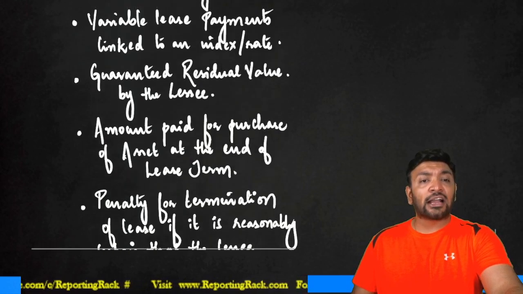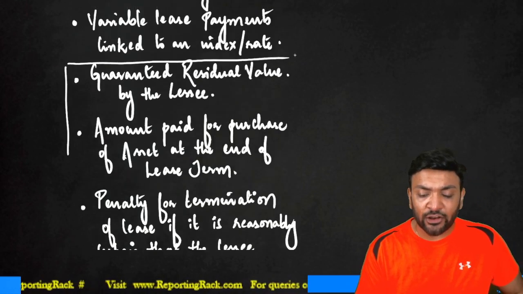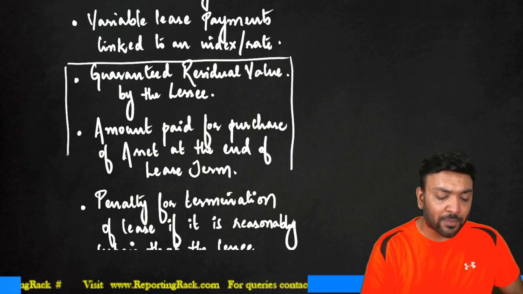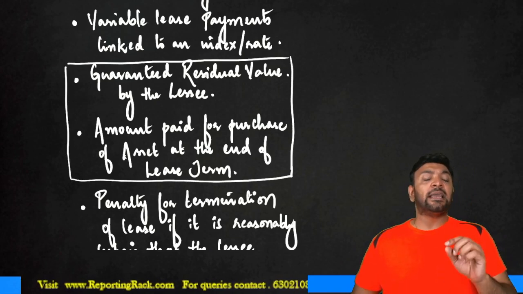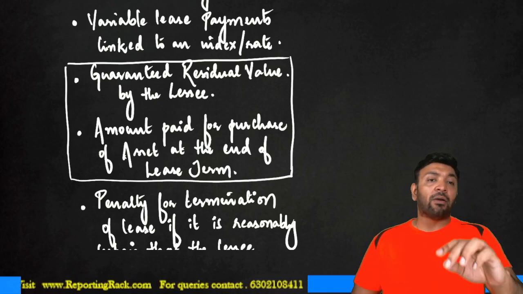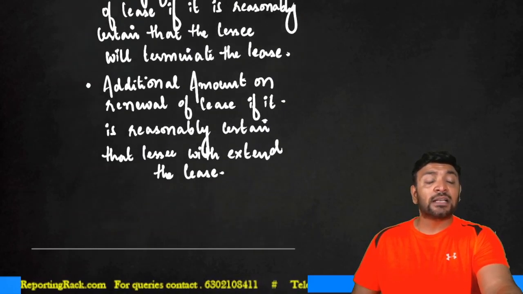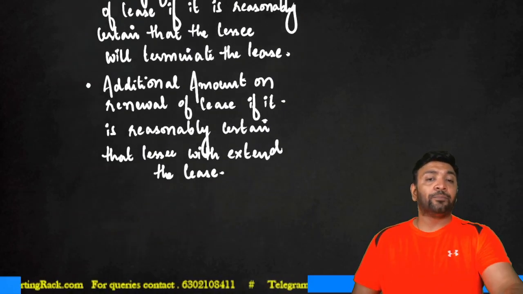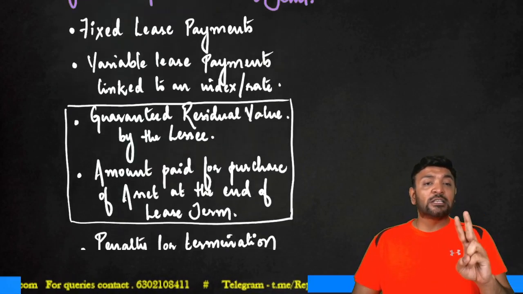If you add up both of these, guaranteed residual value or the amount supposed to be paid for purchase of asset at the end of the lease term by the lessee, these two represent the same amount. So in total I have 5 inclusions as far as the lease liability is concerned. First one is fixed lease payments. Second one is variable lease payments.